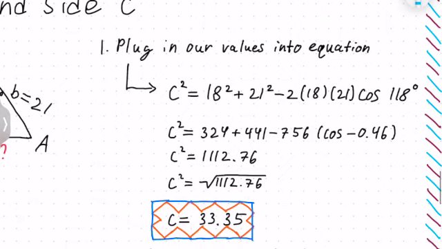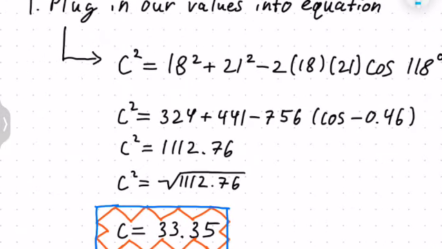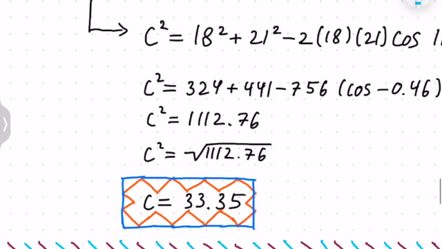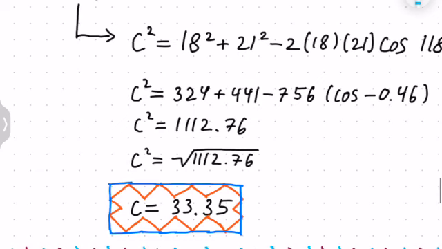Simplifying it further down, we get c squared equals 324 plus 441 minus 756 times cosine, negative 0.46. Once again, we simplify, we get c squared equals 765 plus 347.76.